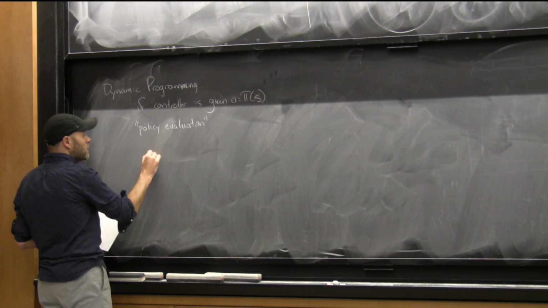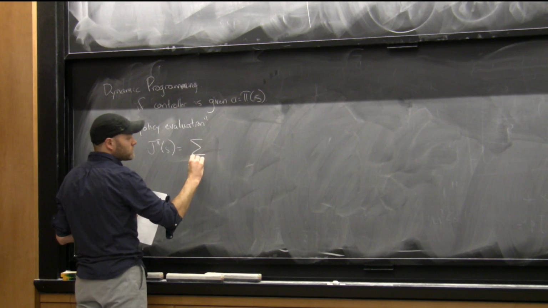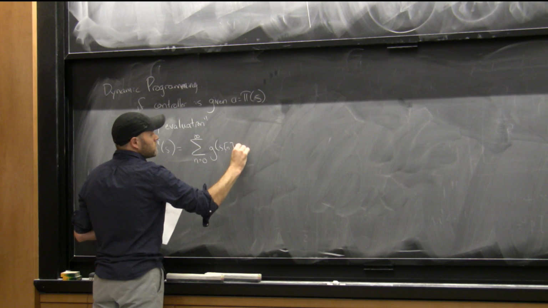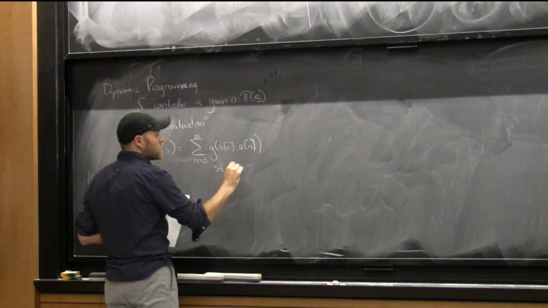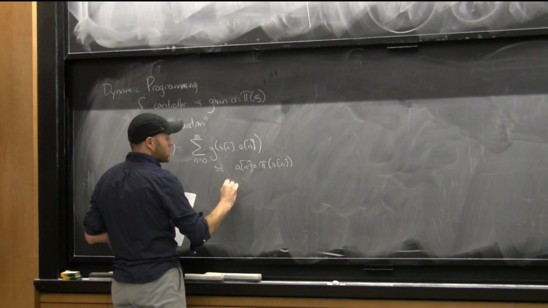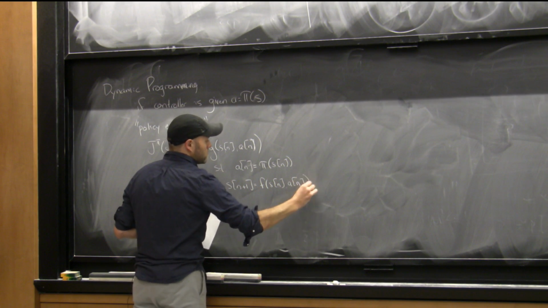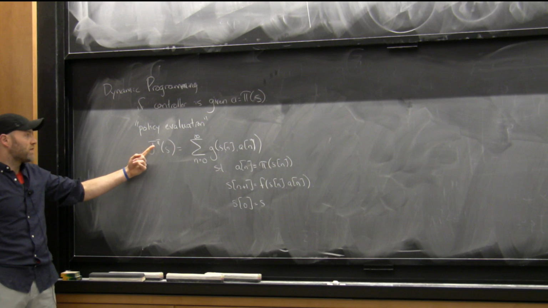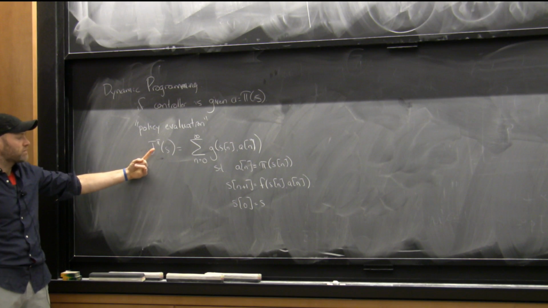So, if J pi of S is our long-term cost now, that's the definition of the cost of executing this policy from initial state S for the infinite horizon case.